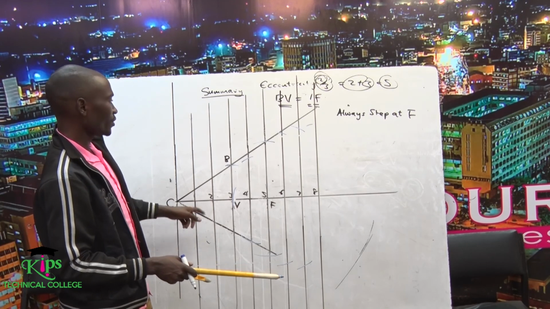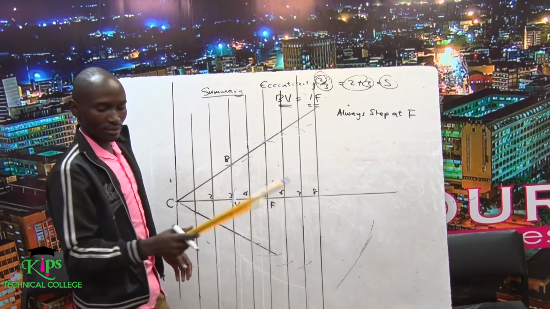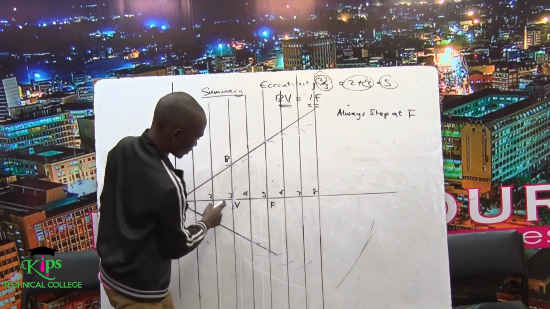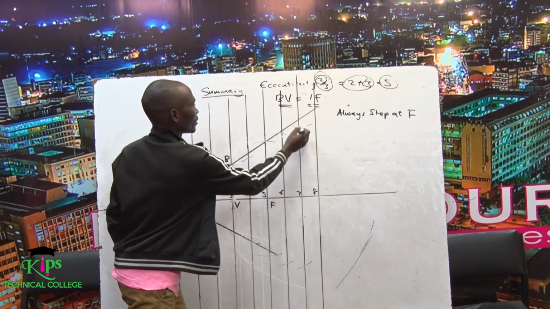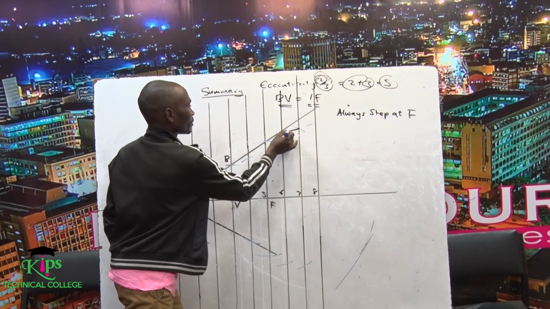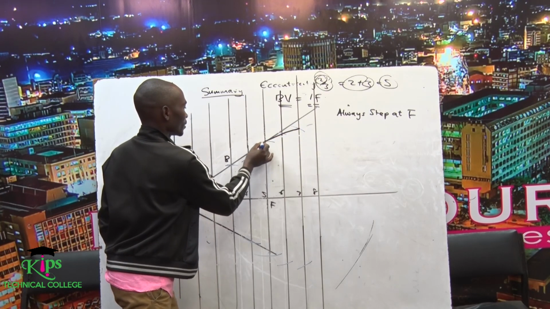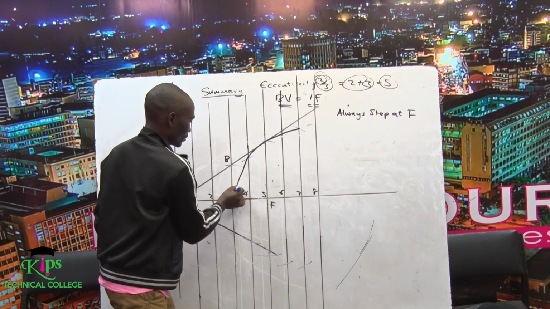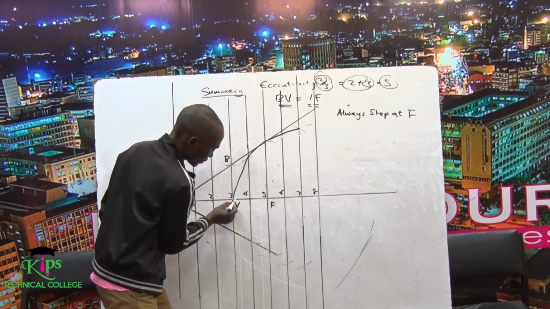Now from there, you need to join those points with a very smooth curve.